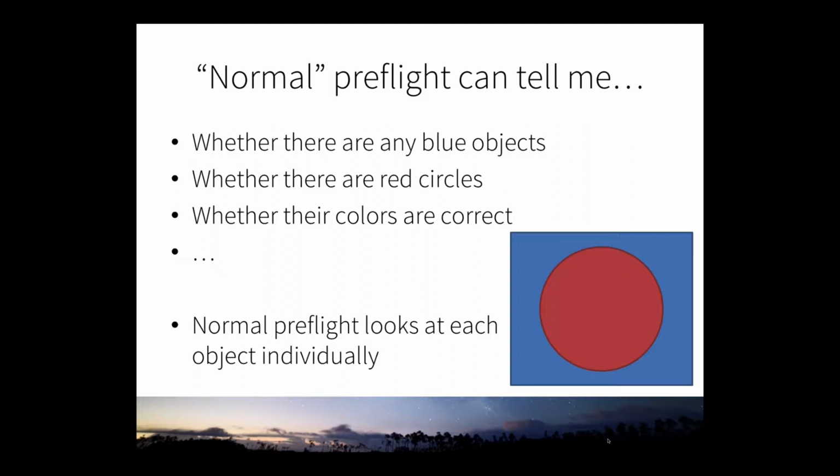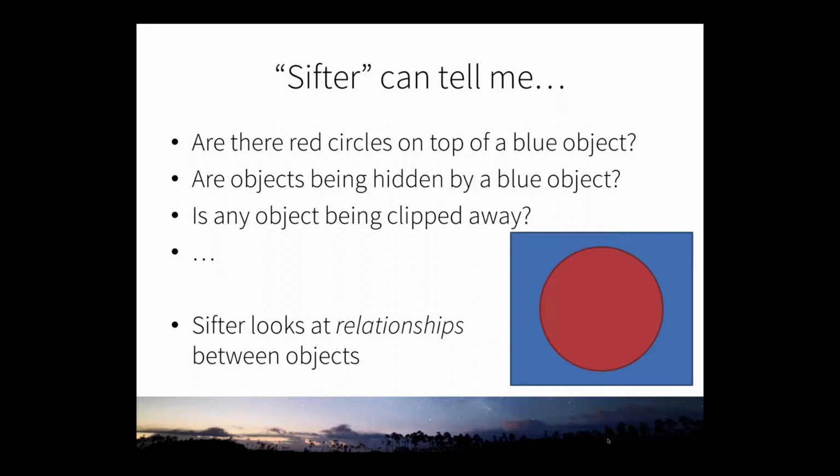Typically these preflight checks look at individual objects and their parameters, and then tell us whether something is good or not good. This technique can detect a lot of problems in PDF documents, but unfortunately there is a whole range of questions that cannot be answered with traditional preflight technology.